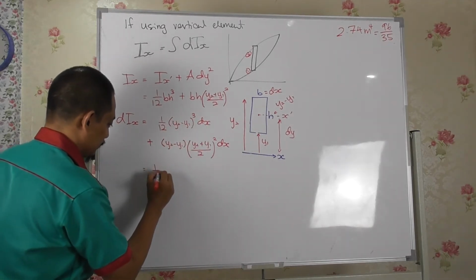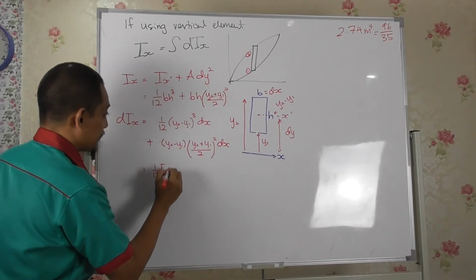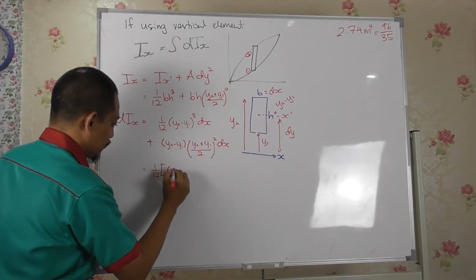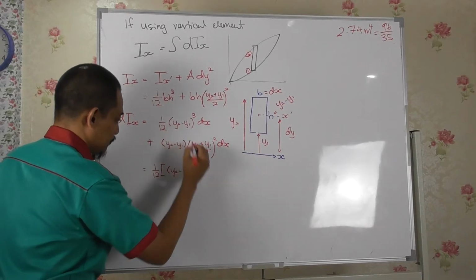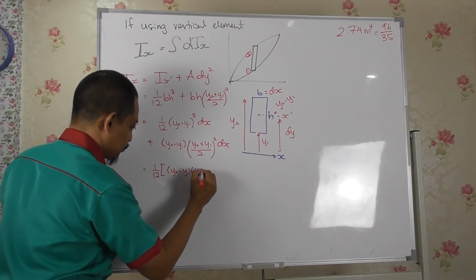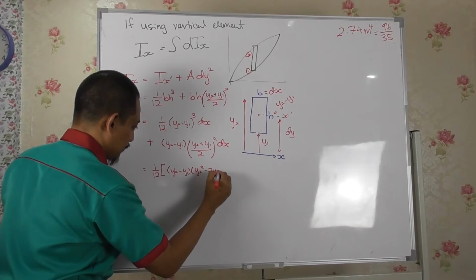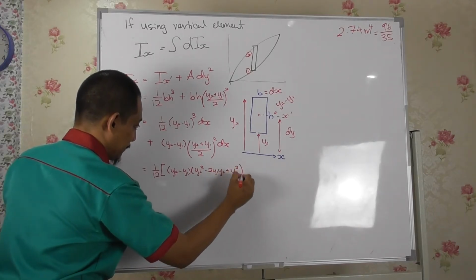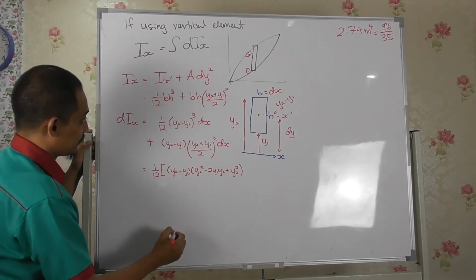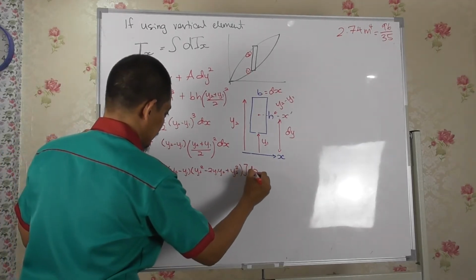You'll have 1 over 12 outside: y2 minus y1, and then we expand this one first. So y2 square minus 2 y1 y2 plus y1 square, and then dx.